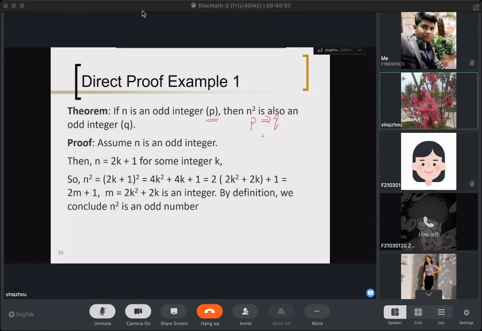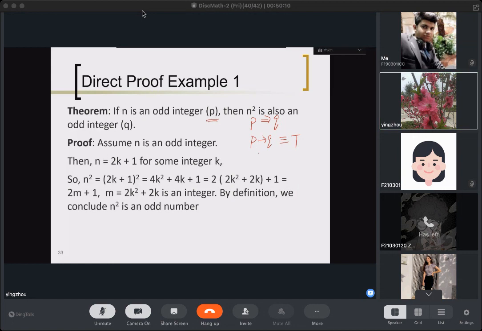But how do we do this for the computer world? The computer first translates this proof direction into a logic expression. That means it says P conditional Q is always true. So it's always true.